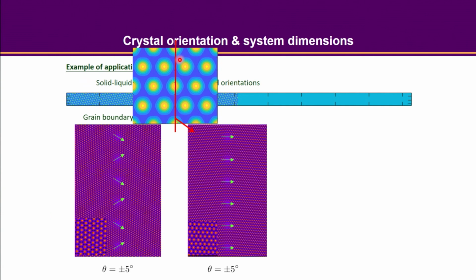For example, if I initially have this kind of reference lattice, and then I cut my crystal in half and rotate the left and right by 5 degrees and put them together, that would be what I get here. So you can see the atomic structure I'm showing here, locally zoomed, is quite similar to this one, right? It's just rotated by positive and negative 5 degrees.